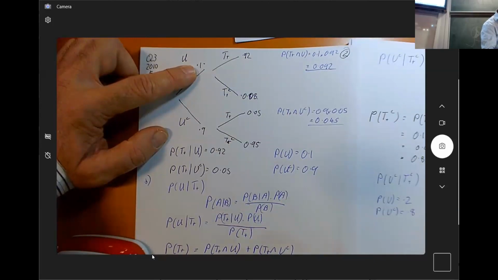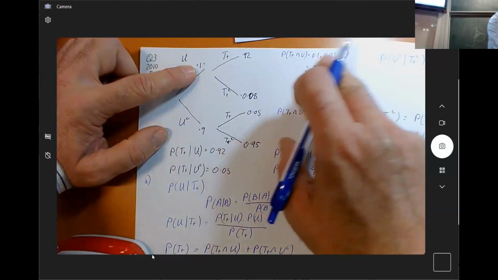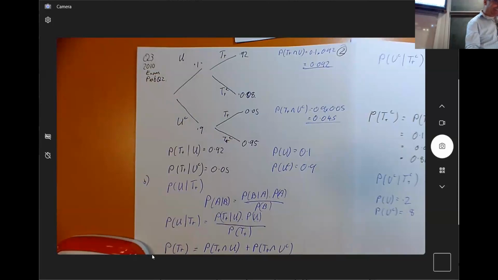When I come to finding all these other probabilities up here, because I use that value in here, my probability of testing positive intersection using is now 0.2 times 0.92, which should be 0.184.